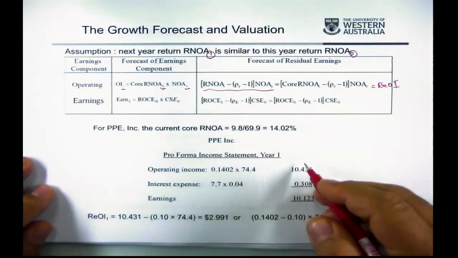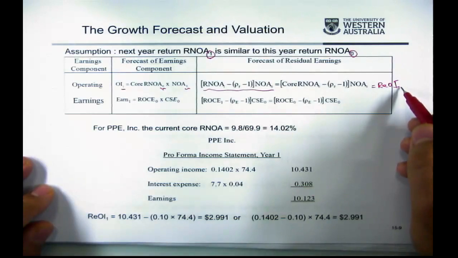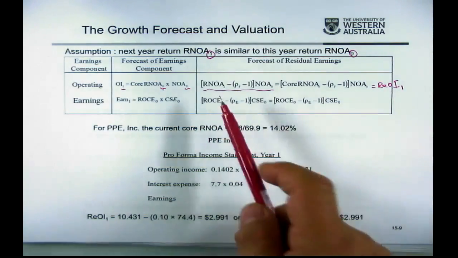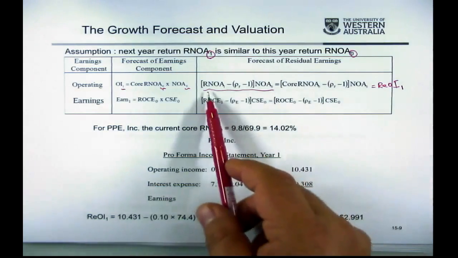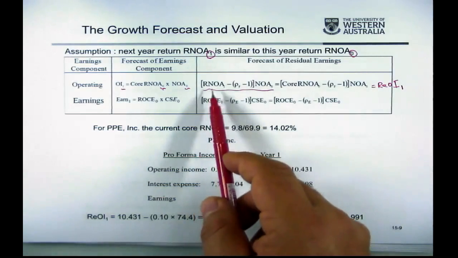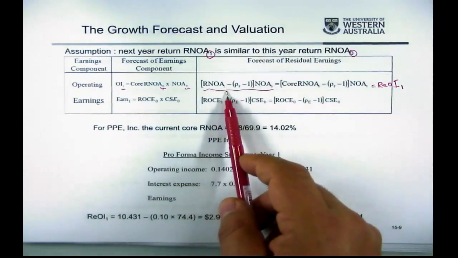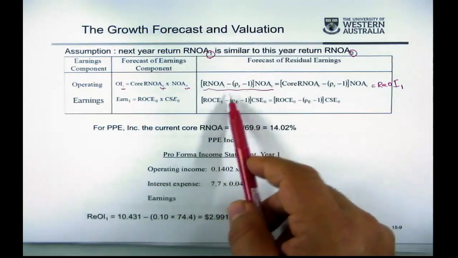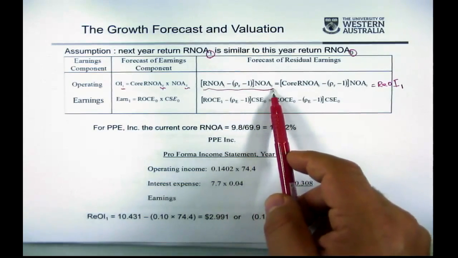The original formula says that the residual operating income in year one is equal to the return on net operating assets in year one minus the cost of capital, and the difference is multiplied by net operating assets at time zero.